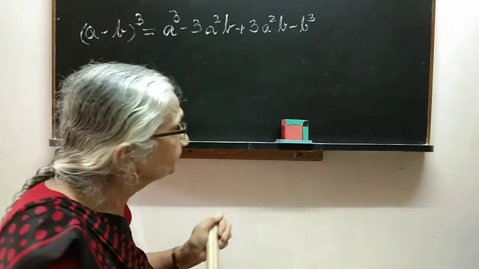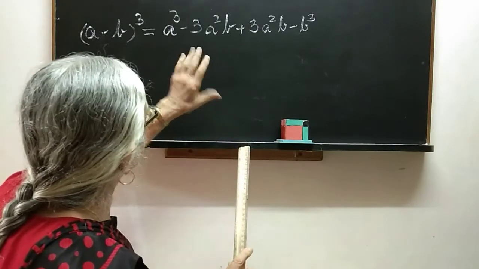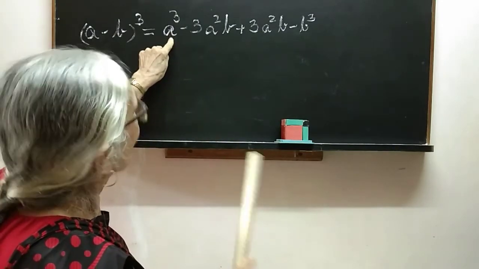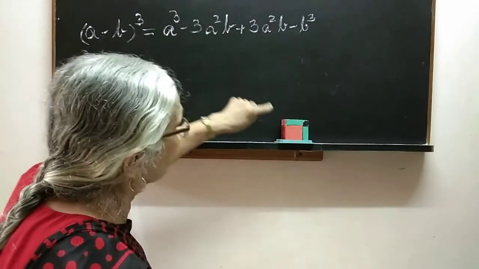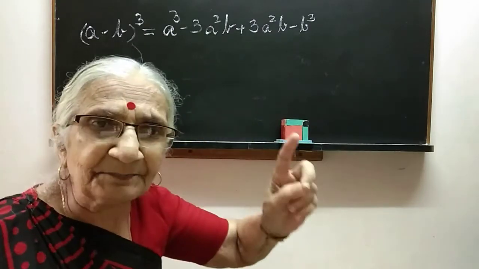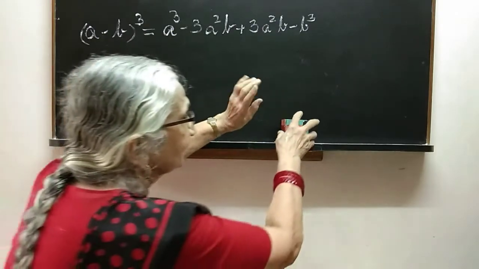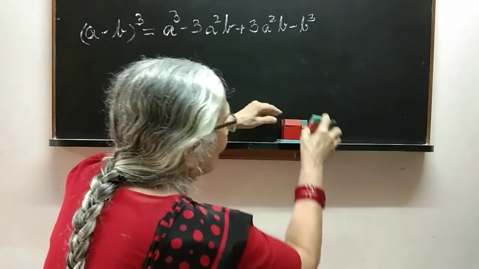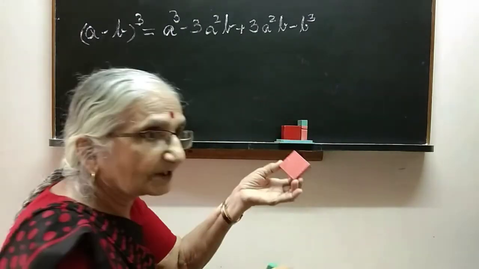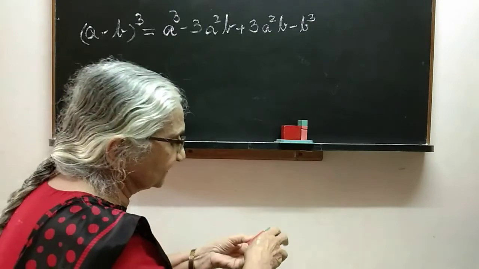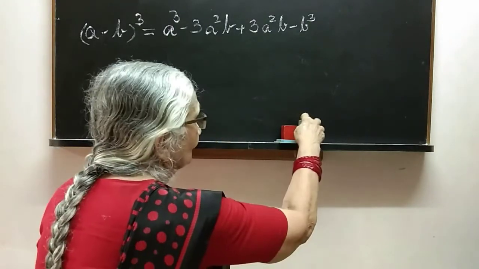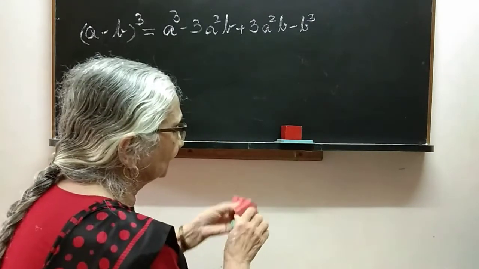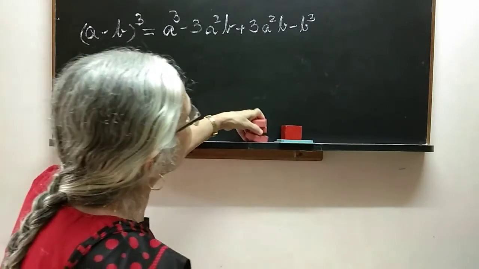What shall we do? We shall do this. First, let us see what we have here. They are the same pieces, but the lengths are different now. Formerly this used to be a, now this is not a, but there are 3 pieces, 3 cuboids of the same size.